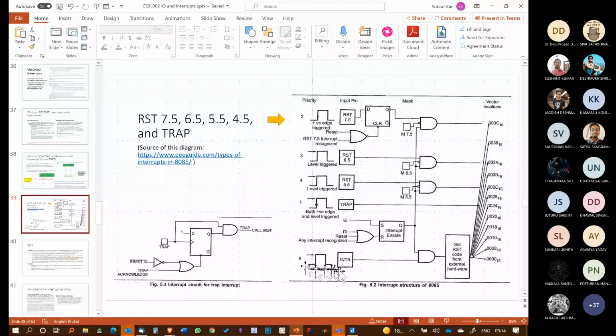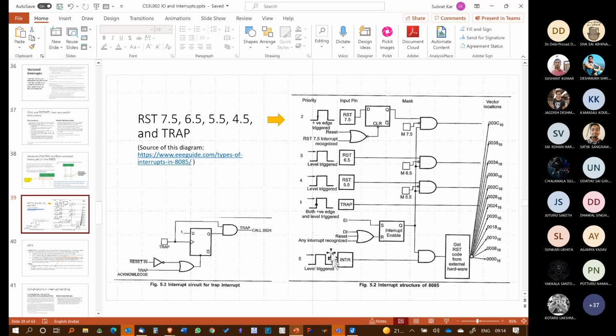Now look at this last one, the INTR. The INTR expects the RST code from the external hardware. So really speaking, I should say it expects the call code from the external hardware. So RST with address coming from outside is actually a call. So that is something which comes only in the INTR pin.